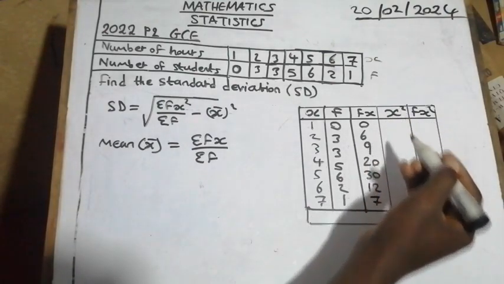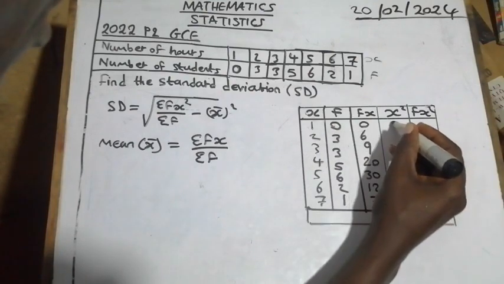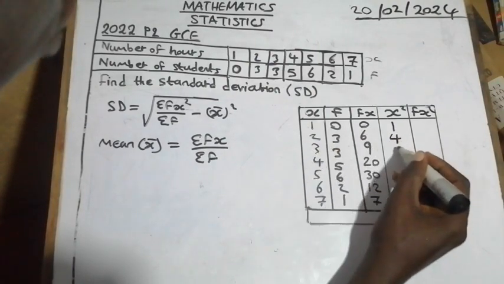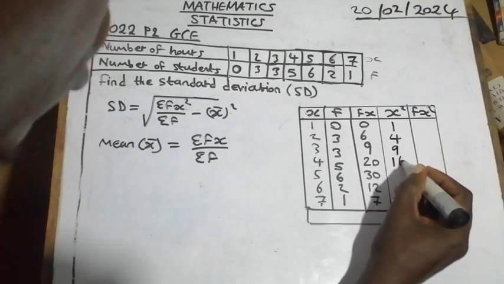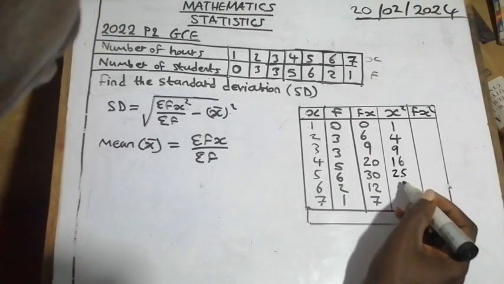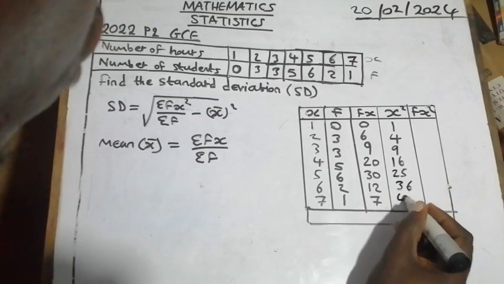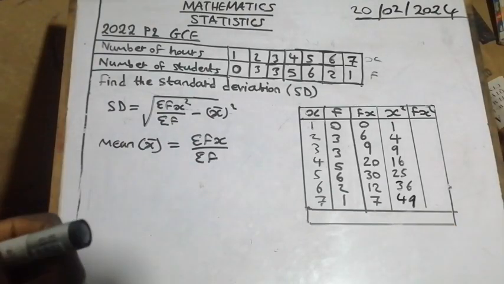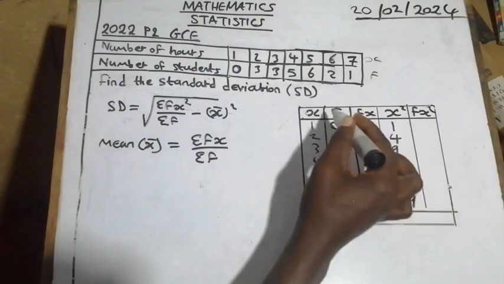From there, we go to x squared, which means we have to square this column. 1 squared is 1, 2 squared is 4, 3 squared is 9, 4 squared is 16, 5 squared is 25, then 6 squared is 36, 7 squared is 49. Then as for the last column, we have to multiply x squared by the frequency.